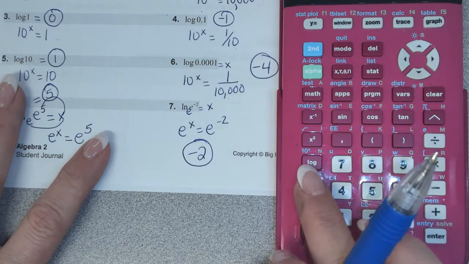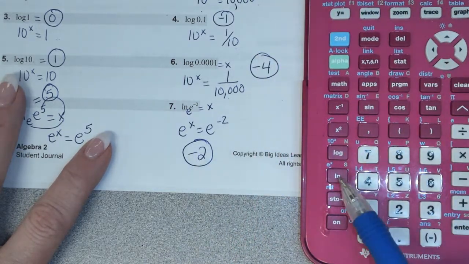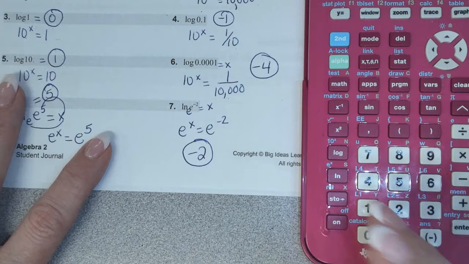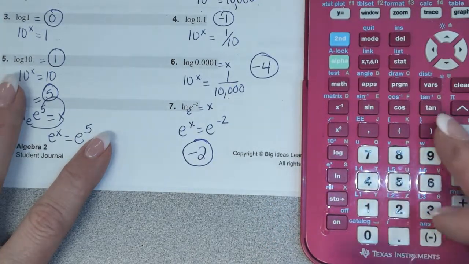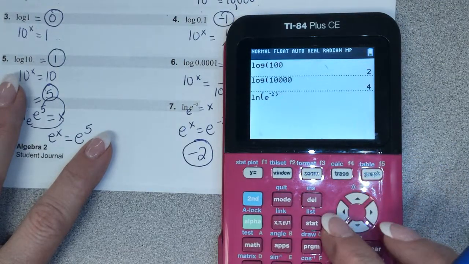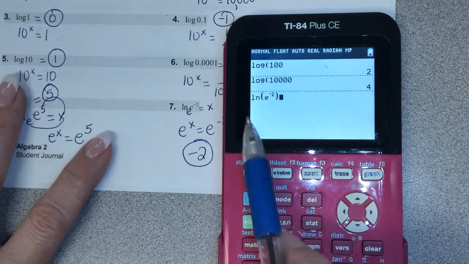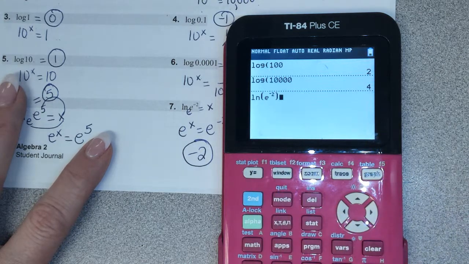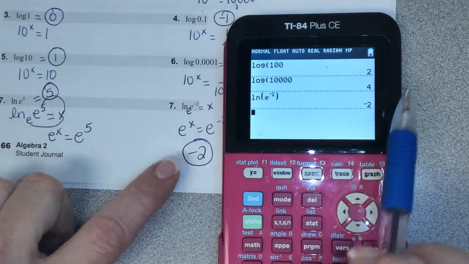So I could type in natural log, got that, and now I have to put in e, which is right here. So I do second e to the negative 2. So look what I have. Oops. I want that to be of the whole thing. Okay, so I have the natural log of e to the negative 2. I push enter, and it supports the fact that it's negative 2.